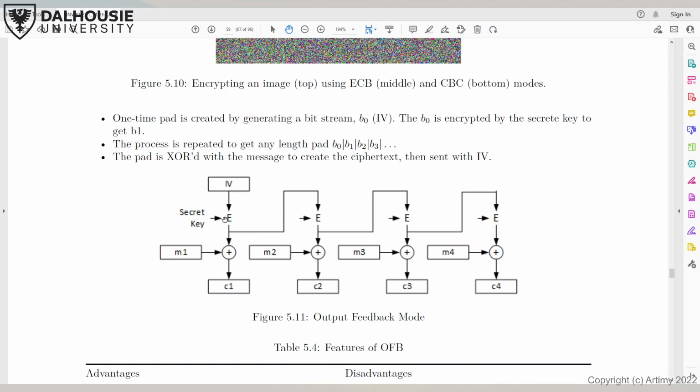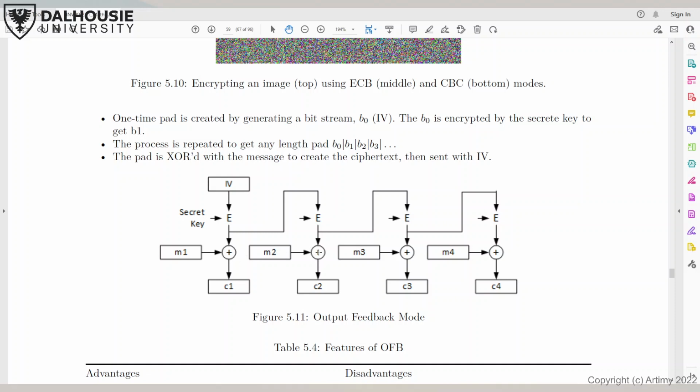Imagine P0 is the output of the first encryption, P1 is the output of the second encryption, and we concatenate them together, so we create a long message that is equal to the size of the message that we want to encrypt. And then we XOR M1 with P0 or P1, depending on the index that you start from.